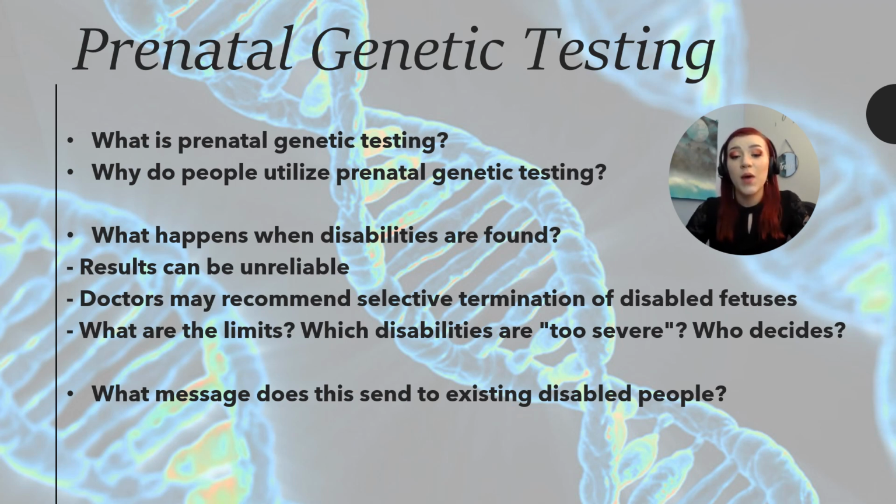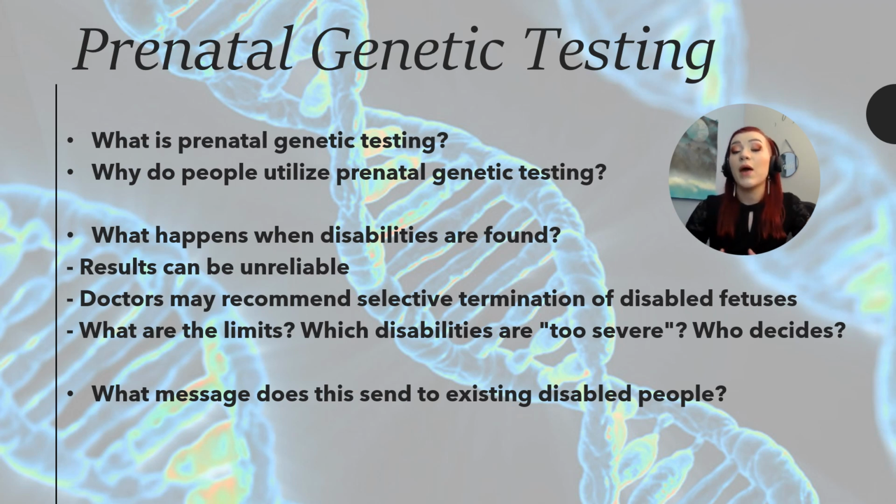So we want to be thinking about, what are the potential limits here? What are people thinking about when they make these kinds of decisions? Are people making decisions for their own personal reasons? Are they influenced by culture, by religion, by their family, their partner, their doctor?